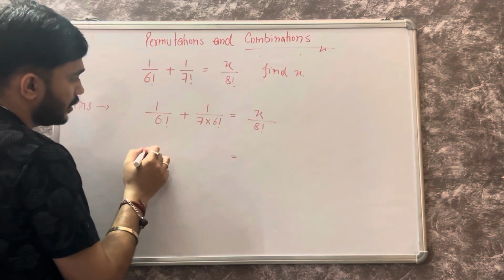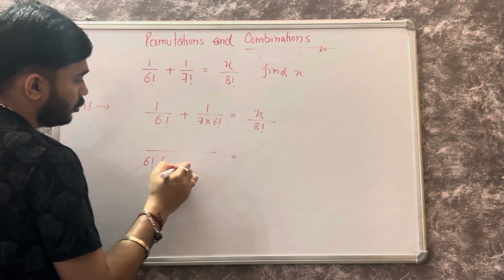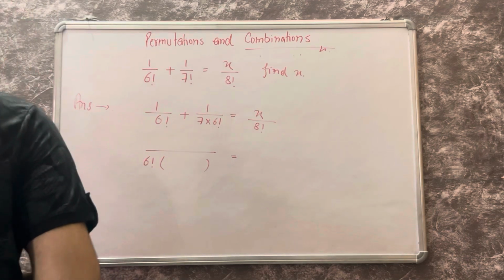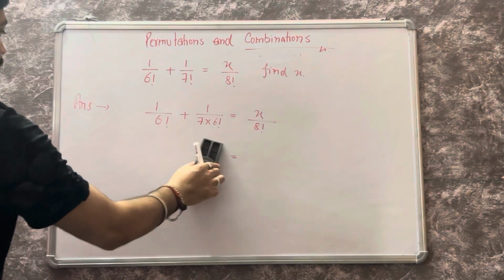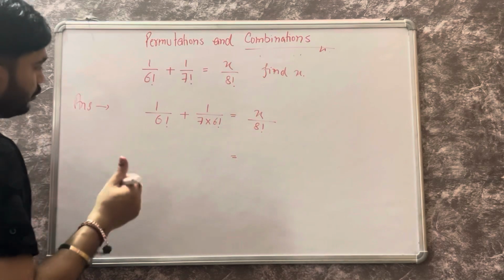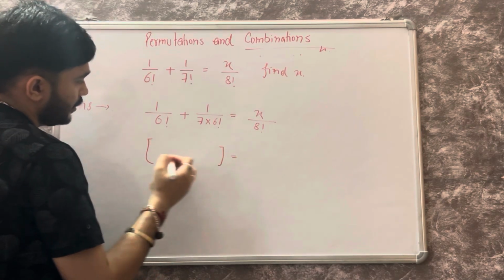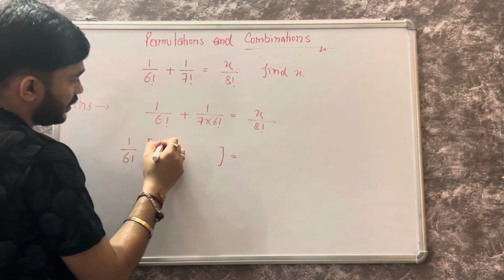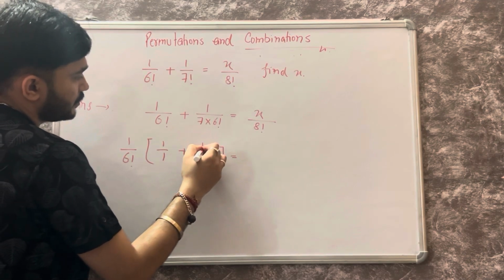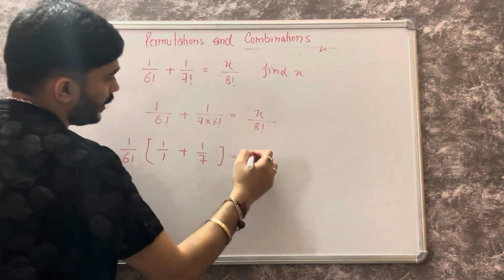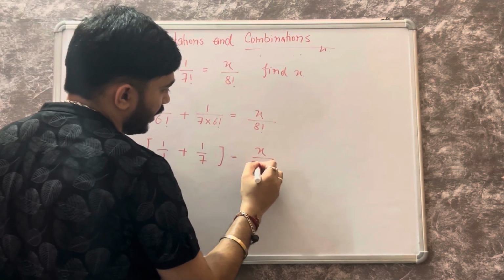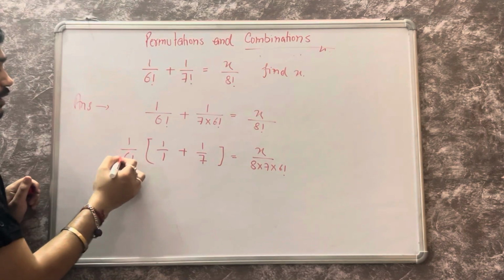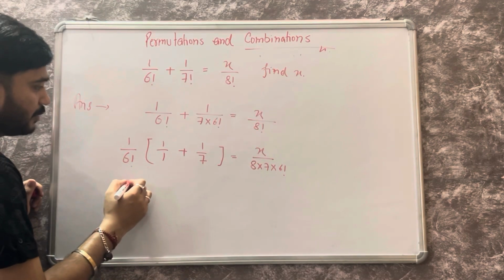Here you can take 6 factorial common from the denominator and you are left with, let us write it like this, 1 upon 6 factorial times (1 plus 1 upon 7), and here it will be x upon 8 into 7 into 6 factorial. Since 6 factorial is in the divisor here, it is going to be multiplied on the other side.